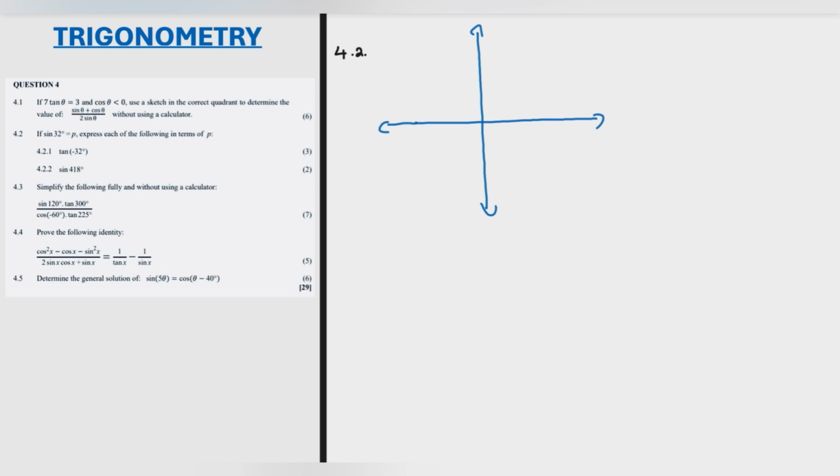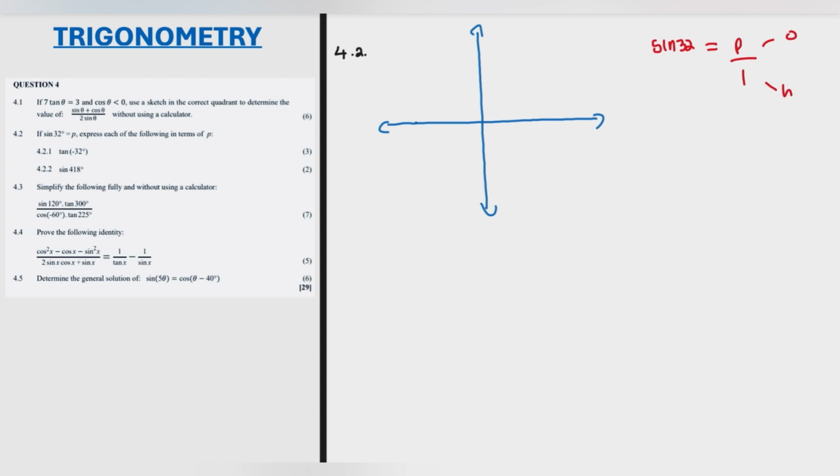Just like the previous question, we look at the value of 32. In this case, P is positive. And what does that mean? That means that sine of 32 is equal to P divided by 1, where this is your opposite and that is your hypotenuse.